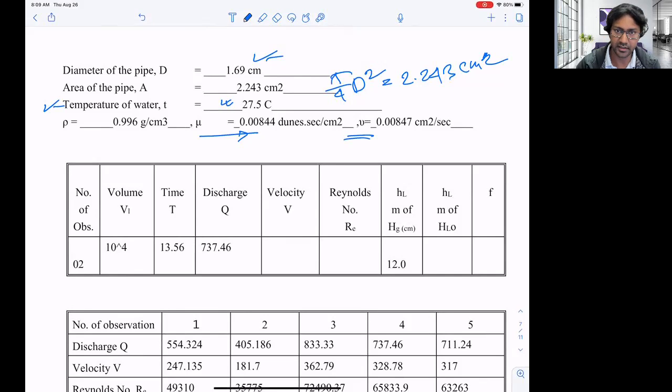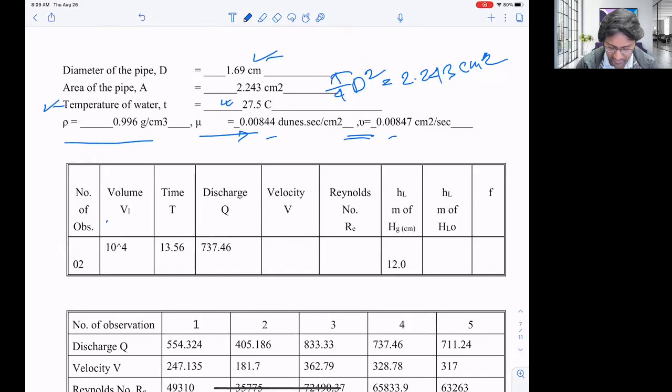If you know the density at that temperature, you can calculate mu and nu. You can even read them directly from the table in your book, and we calculated everything. We have the density in terms of gram per centimeter cube, we have the dynamic viscosity mu, and we have the kinematic viscosity as well. We'll measure the volume in terms of liters, right?